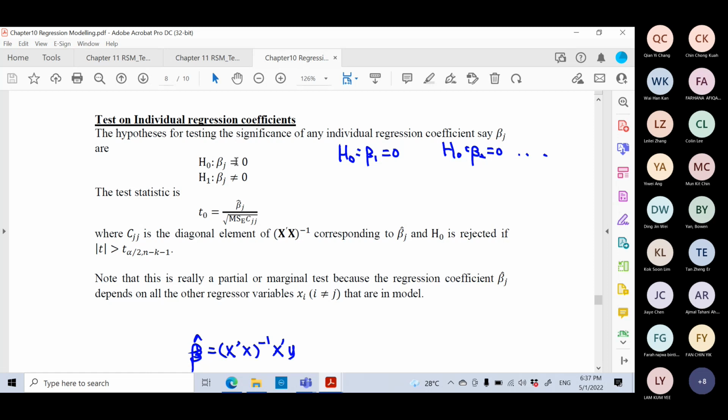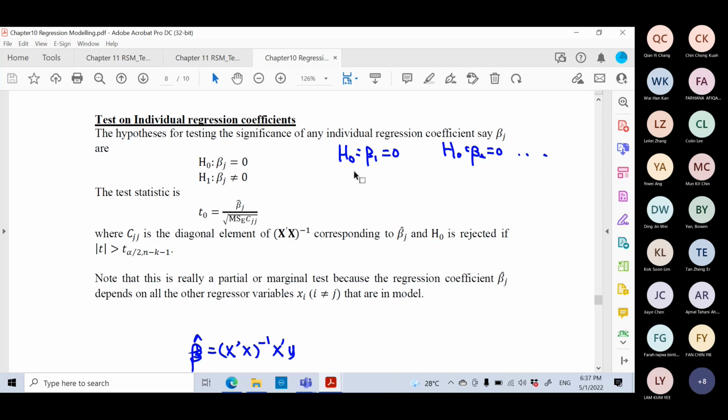So we test whether beta j is equal to 0 or beta j is not equal to 0. Then we have a t-test, which is beta j divided by the standard error, the square root of the MSE multiplied by the inverse of X prime X. So this one is testing the individual coefficient.